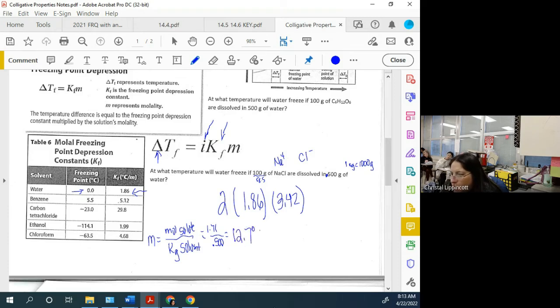So for water, we take 0 minus 12.7. That's going to give us negative 12.7 degrees Celsius. Now let's go up here real quick to Google and convert Celsius to Fahrenheit.